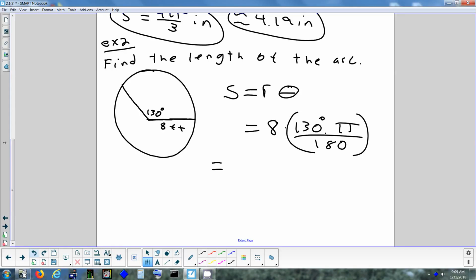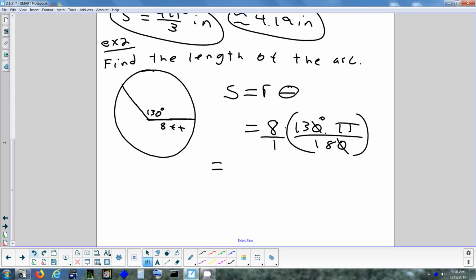Okay, inside the parentheses, what can I reduce 130 and 180 by? Yep, 10. Yep, can reduce them both by 10. And now I have 13 and 18. Those are both divisible by, well, Jamaica? 13 and 18.